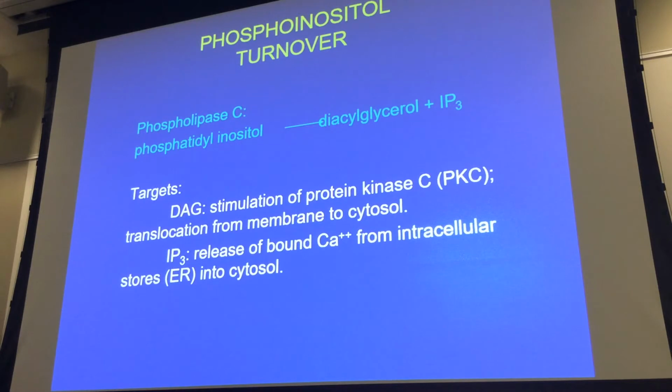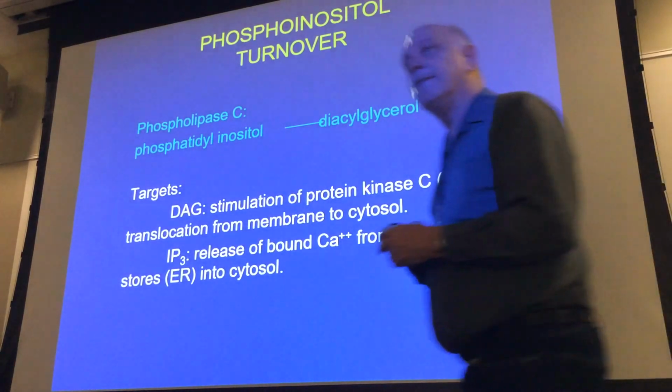And once again, I think you'll see when Dr. Hallett comes on board next week, how these effectors can then go down the signal transduction pathway and activate a variety of other kinases that ultimately mediate the final biological response. All right, questions about any of this?